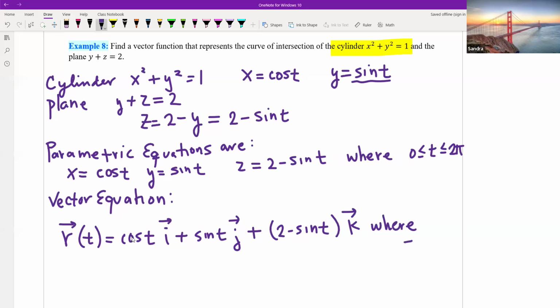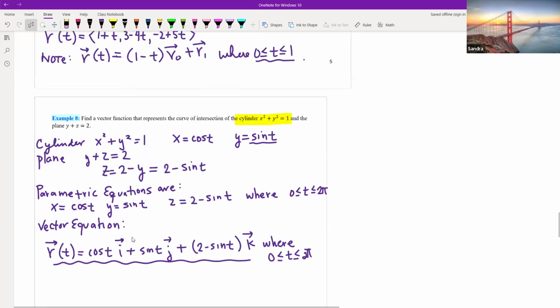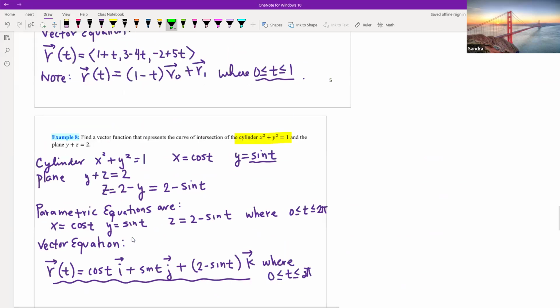One more time, where t is between 0 and 2 pi. So you can express it in this form, or you can also express it in this other form with this notation if you want to. The reason why I decided to do it with both notations is so you are aware that we can use either one of those notations.